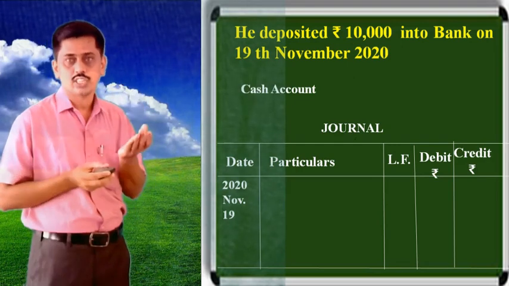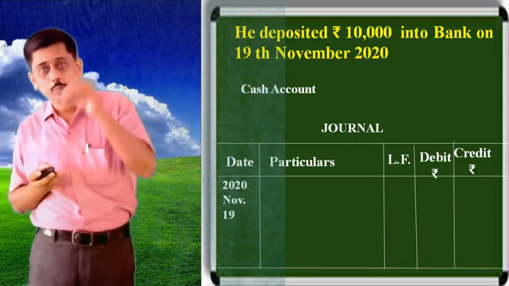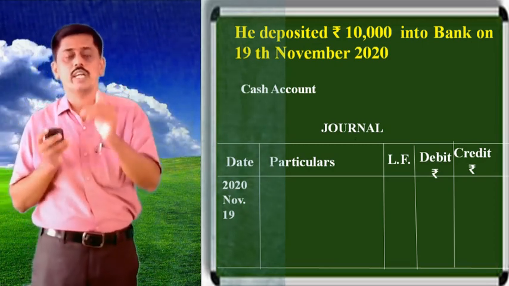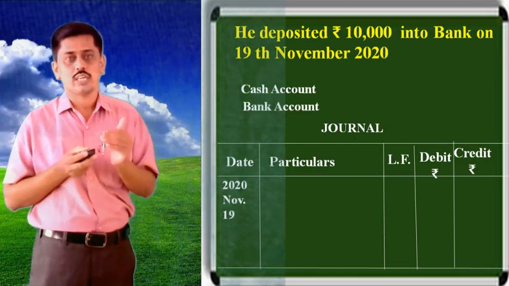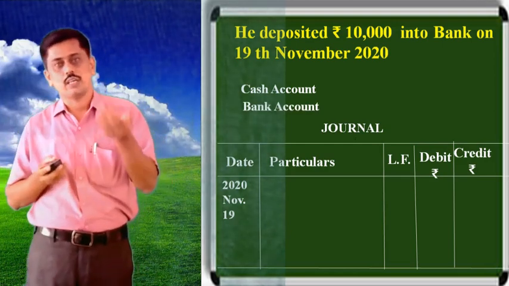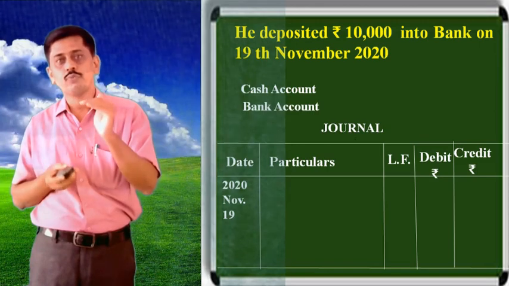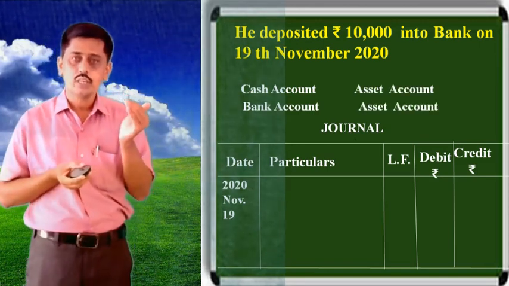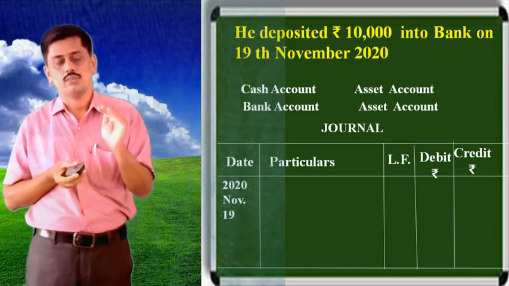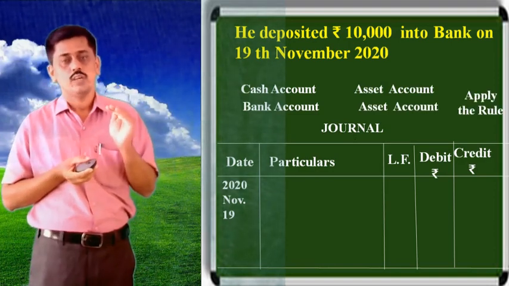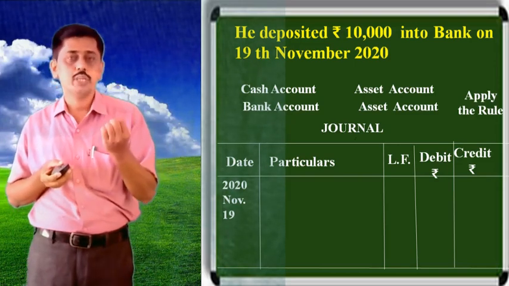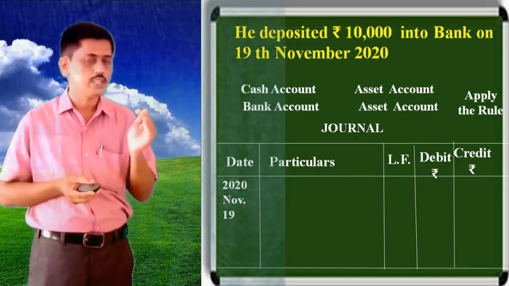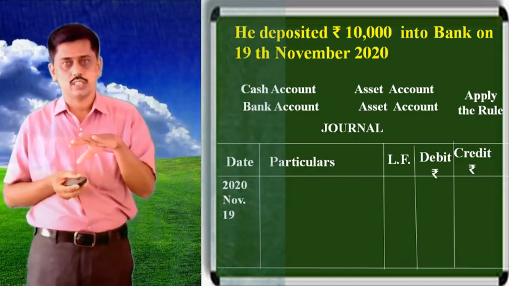One is the cash account and the other is the bank account, where he opened an account and deposited the money. So the other account is the bank account. What type of account is the cash account? Cash account is an asset and the bank account is also an asset account. Now apply the rule. What does the rule say? For assets, debit increase in asset, credit decrease in asset.